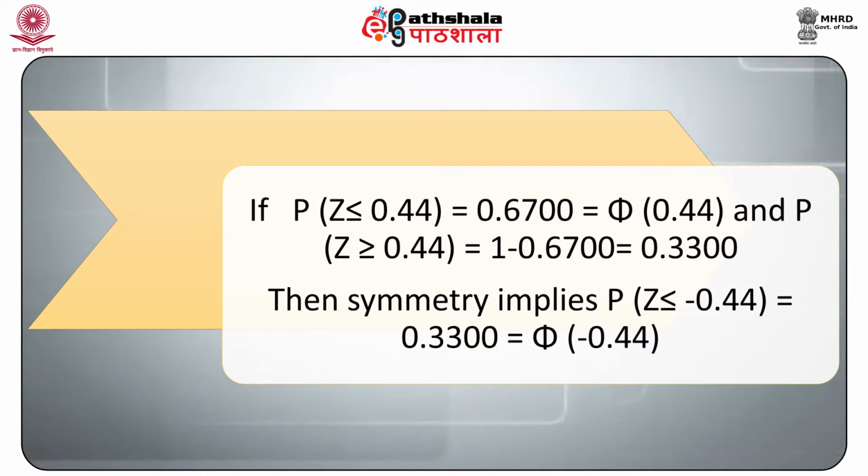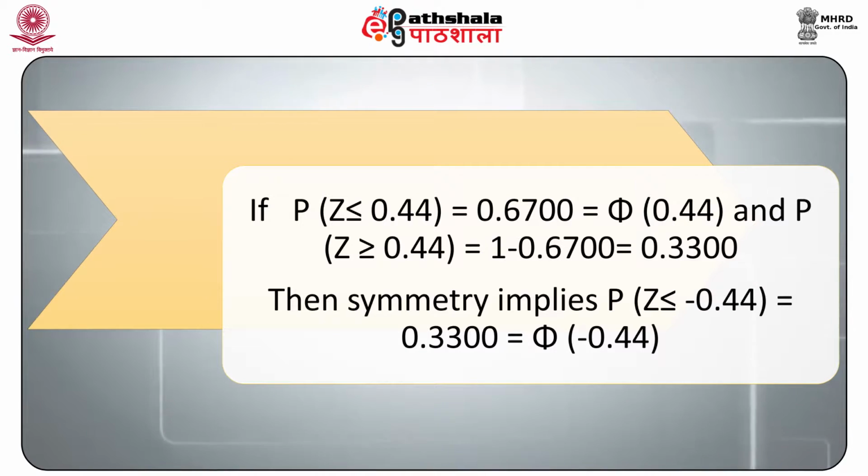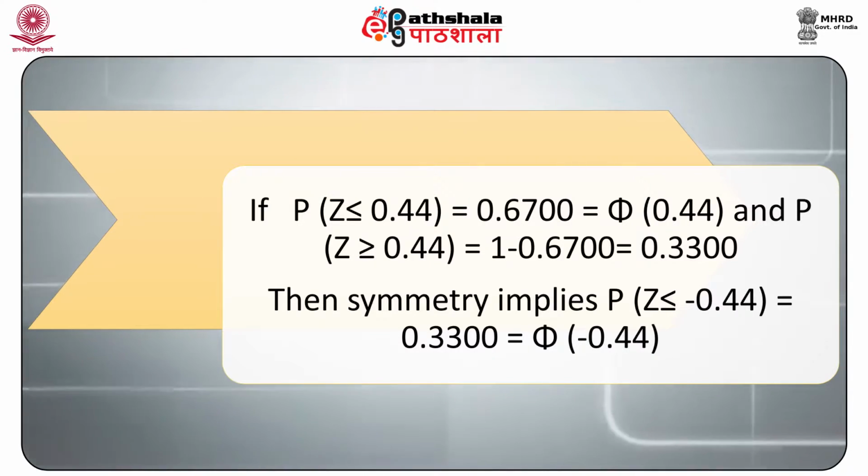If the probability of z less than or equal to 0.44 is 0.6700, equal to Φ(0.44), and the probability of z greater than or equal to 0.44 is 1 minus 0.6700, equal to 0.3300, then symmetry implies that the probability of z less than or equal to minus 0.44 is 0.3300, equal to Φ(-0.44). Taking another example, to find the 95th percentile, we need to find 0.9500 in the body of the table.